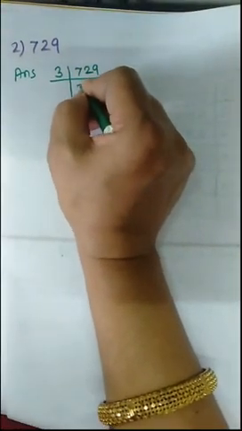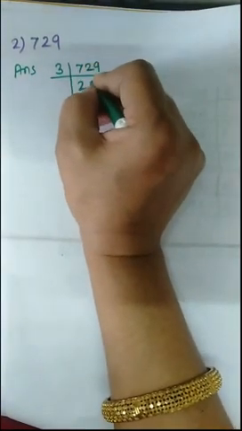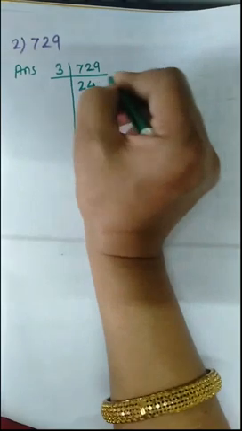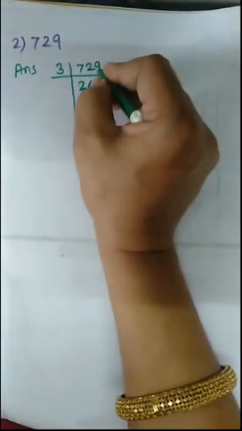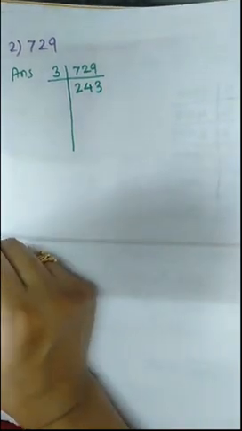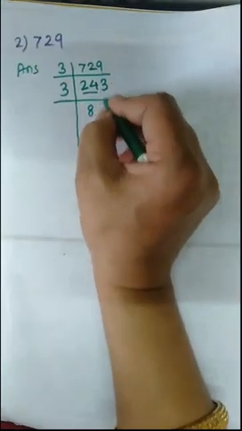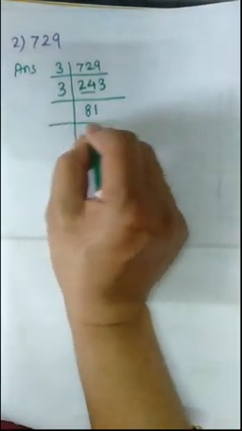So 3 2s are 6. Remainder is 1. 3 4s are 12. Now last digit is 9. 3 3s are 9. Again it is divisible by 3. So 3 8s are 24. Correct? And 3 1s are 3.